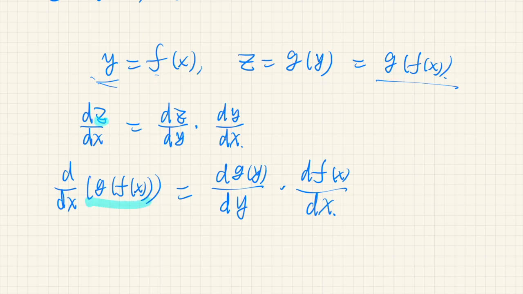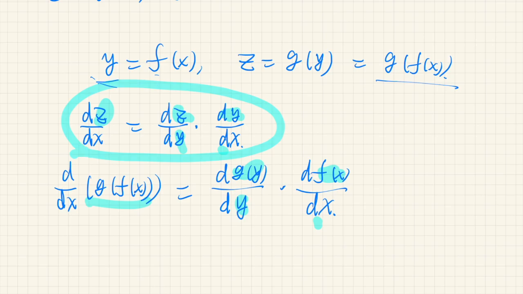This part corresponds to dz, and this part corresponds to dy, and this part corresponds to this, and dx is dx. So this is just like ordinary multiplication of fractions. It just appears like that. It's not quite the same as multiplication of fractions, but it looks the same.